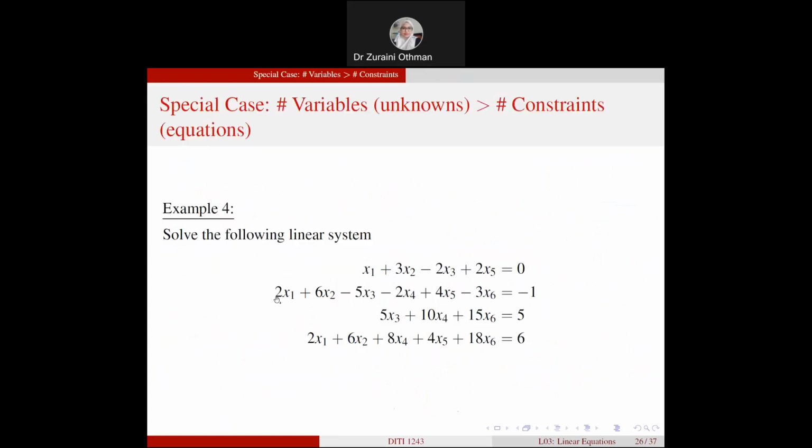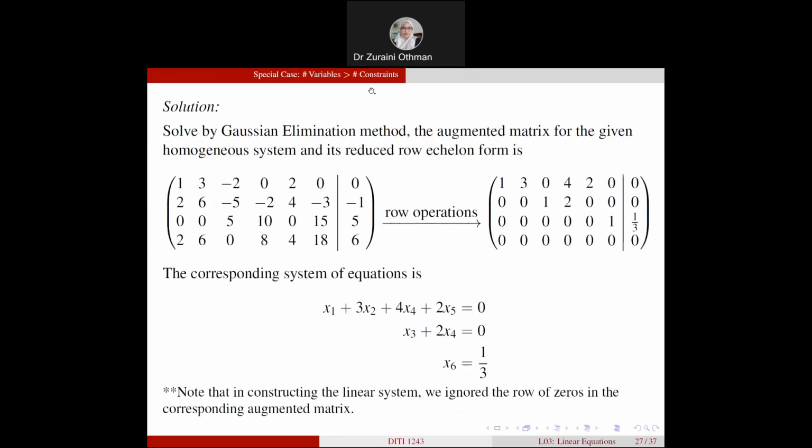Now this linear system, we convert it into a matrix, and we get this. Yesterday someone asked, why don't we put this as 1, this as 1, and this as 1?